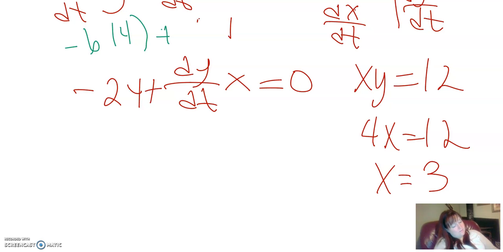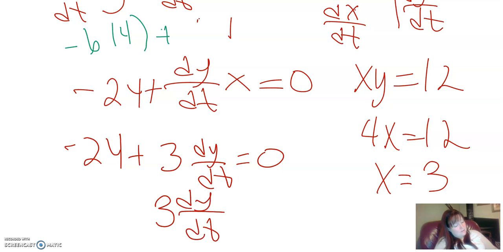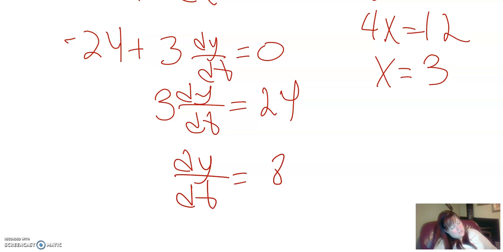So now we have negative 24 plus 3 dy/dt equals 0. Then we can solve for dy/dt, because that's what we want to know. We have 3 dy/dt equals 24, and therefore dy/dt equals 8.